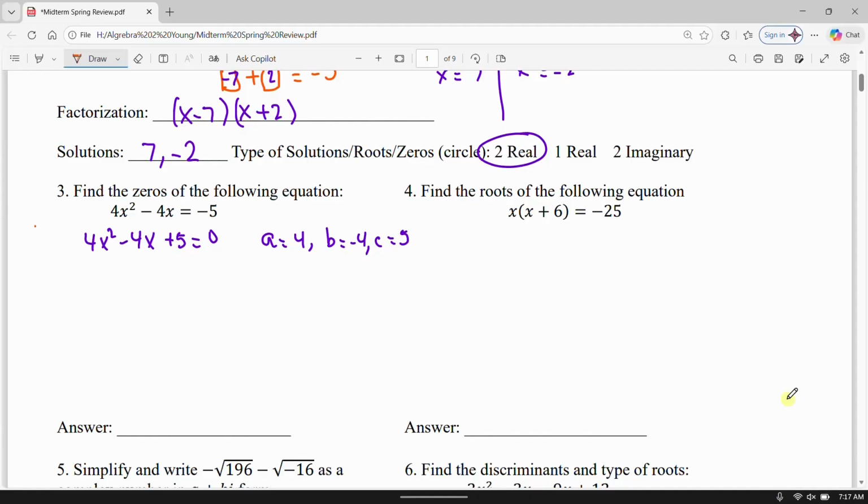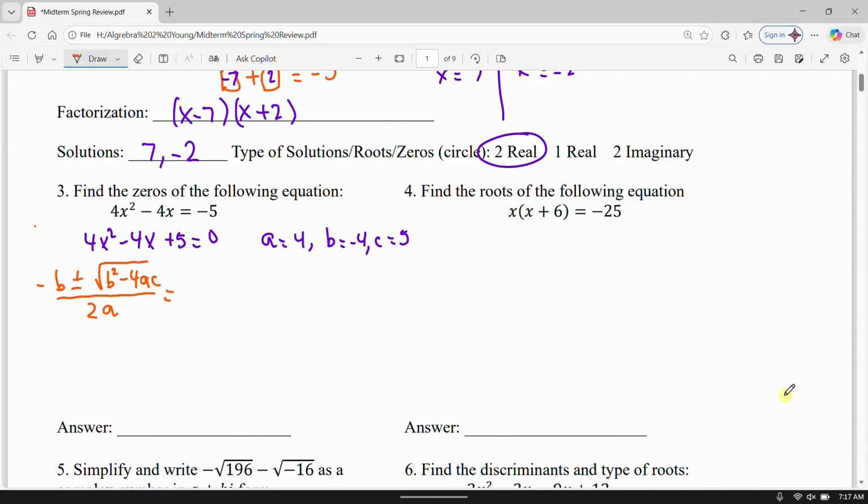Now we need to find the solutions using the quadratic formula: negative b plus or minus the square root of b squared minus 4ac, over 2a.